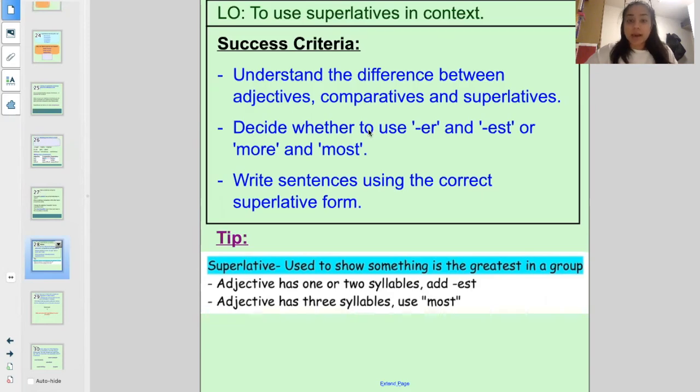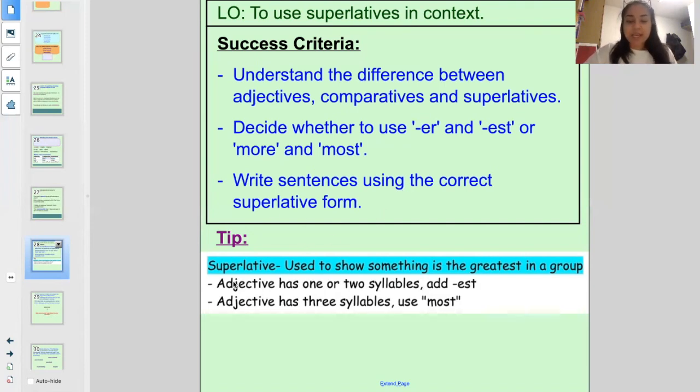You will need to decide whether to use the er or est or more and most as your suffixes or words added before, depending on your adjective. And you will also be expected to write sentences using the correct superlative form.